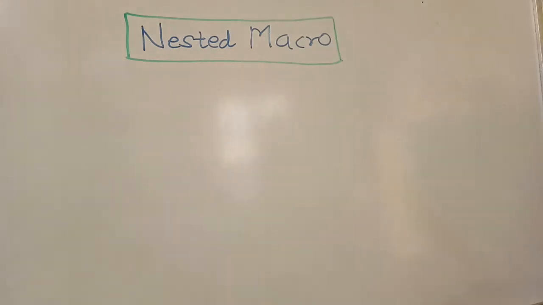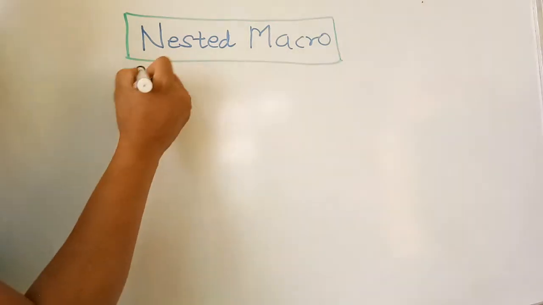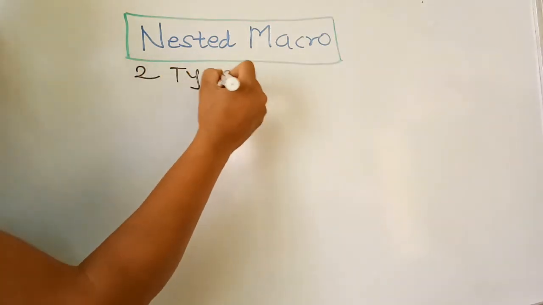In this video session, we will cover the next mechanism of the macro processor, and that is nothing but the nested macro. What does this mean? There are two types of nested macro facilities available with the macro processor.